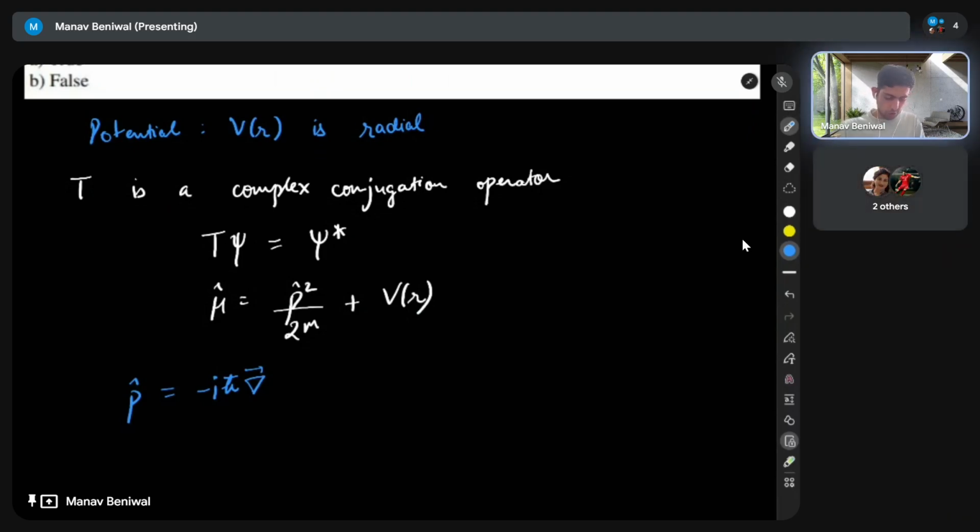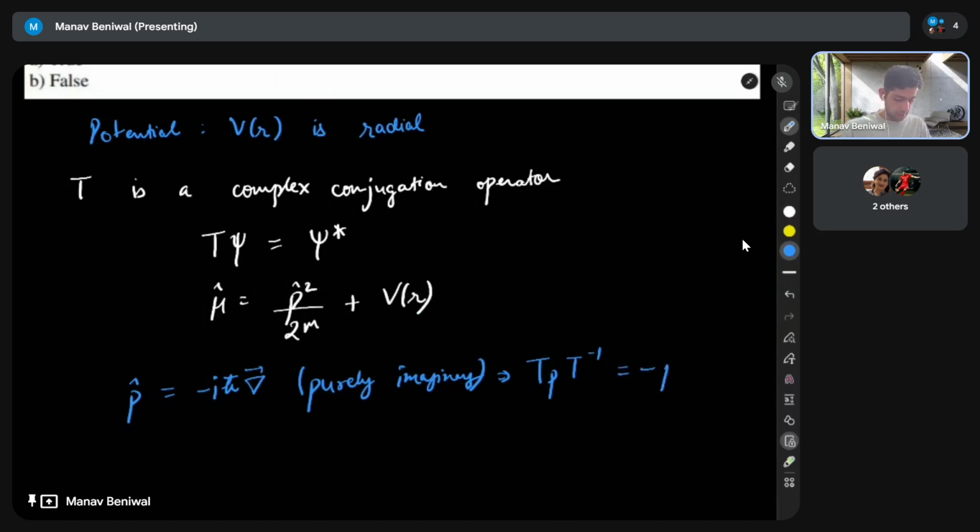Now you can see it is purely imaginary. So if we do T P T inverse, this will just give us minus P. Why?